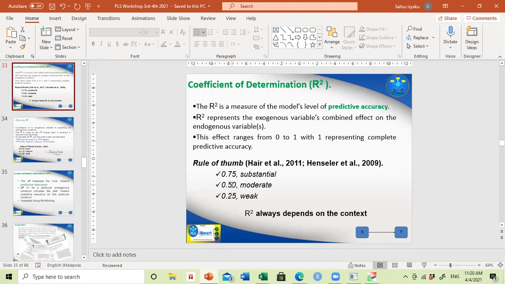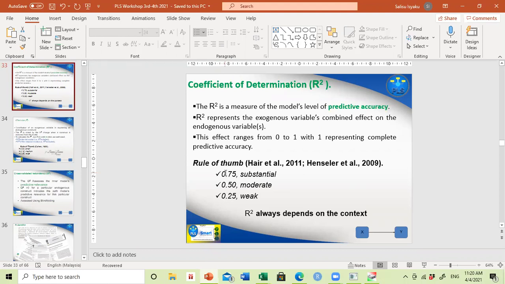Below 0.5, 0.25 and above, is weak. Yes, you are right. When you have R square 0.75 and above, you have R square substantial.